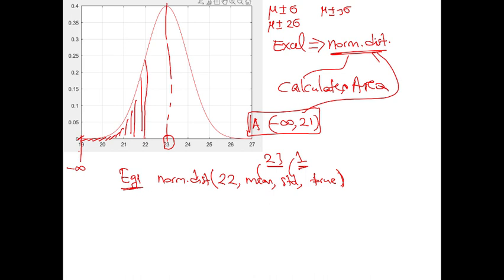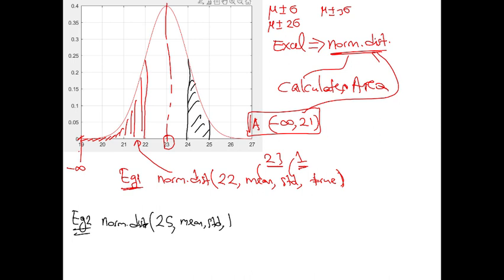But what if you are looking for the area that is in a range? Say you are looking for the area from this point to that point. Now for example 2, you will say the normal distribution, find the area till 25 with a mean value of something and standard deviation of something, and take the cumulative.